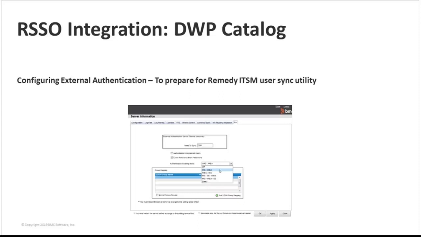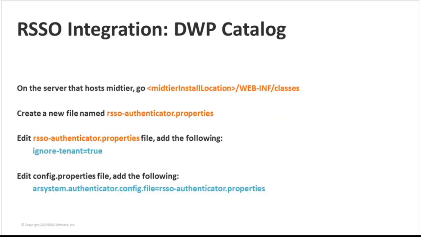So you have to set the cross-reference blank password to yes, and then also set the authentication chaining to ARS AREA, and the RPC to 390695, so that it can do the external authentication, and the utility is going to import the users and the groups into the service broker AR server.